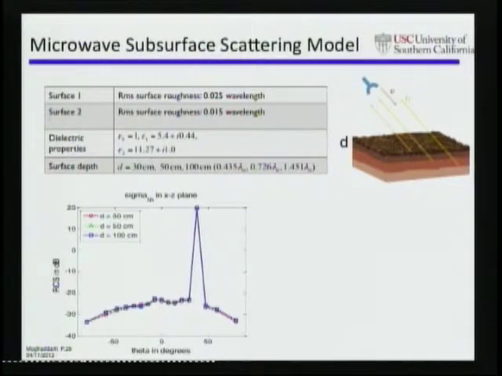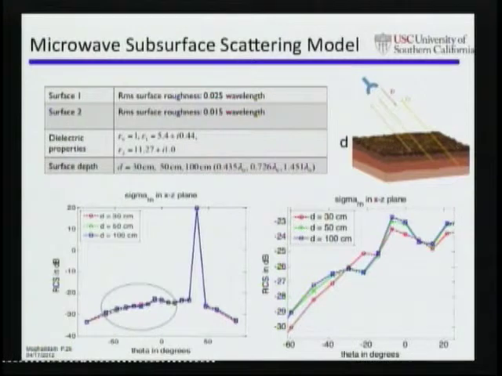So the different colors you see here: the red is where the second layer is 30 centimeters deep. The green, which you can't really see here because it's very close to the blue, is at 50, and the blue is at 100 centimeters. If you zoom in a little bit, this shows it a little better. The backscatter direction is at 40 degrees. These simulations were done at 40 degrees.